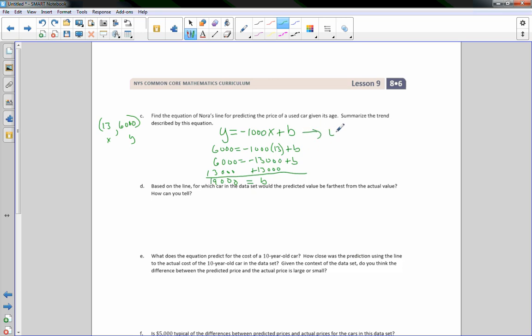So now my equation is y equals negative 1,000x plus 19,000. Okay, so I just said y equals 1,000x, but it is negative.